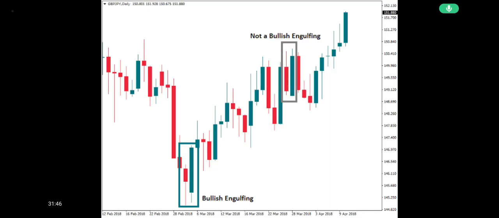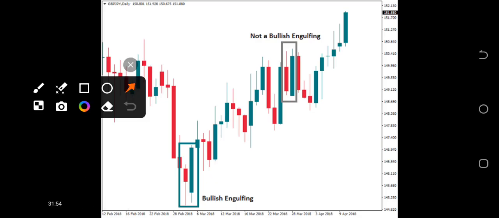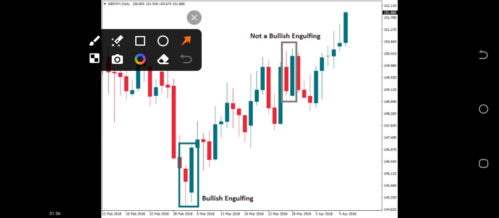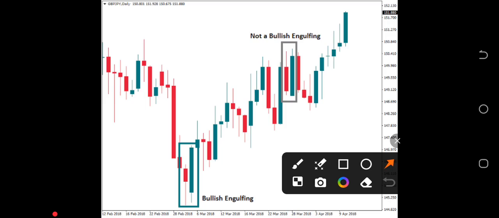Now this is a screenshot of a real market chart showing us a bullish engulfing. Like I told you, the bullish engulfing will always appear in a downtrend. From here, this market was going down. This is a downtrend market, going down like this.